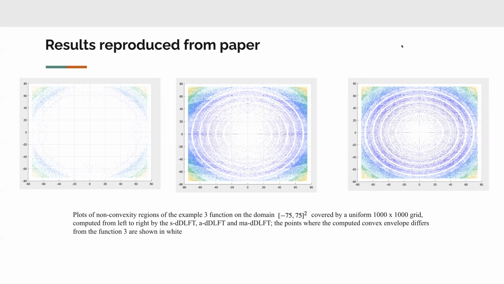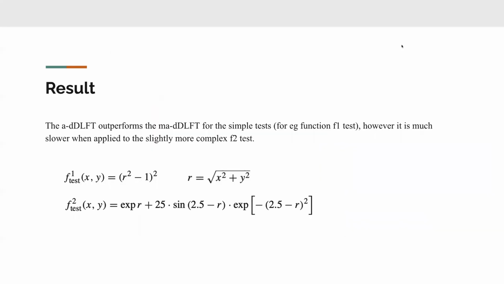So finally, what do we see as the result is that here is a simple function f1, here is another complex function f2. The alternating factorization actually does outperform the max alternating factorization for simple tests such as f1, but it's much slower when it's applied to slightly more complex tests such as the f2 function.